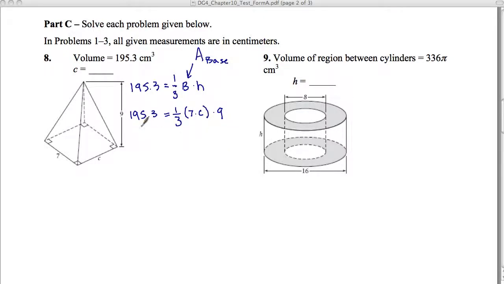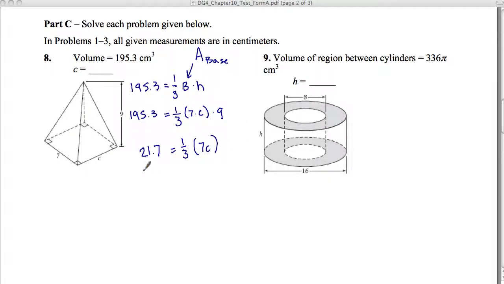Okay, so let's cancel out the 9 by dividing both sides. Divide by 9, divide by 9, and we find that, let me just get the calculation. 195.3 divided by 9, we got 21.7 is 1/3 times, I'm going to call it 7C. And now to cancel out the 1/3, we want to multiply by 3.